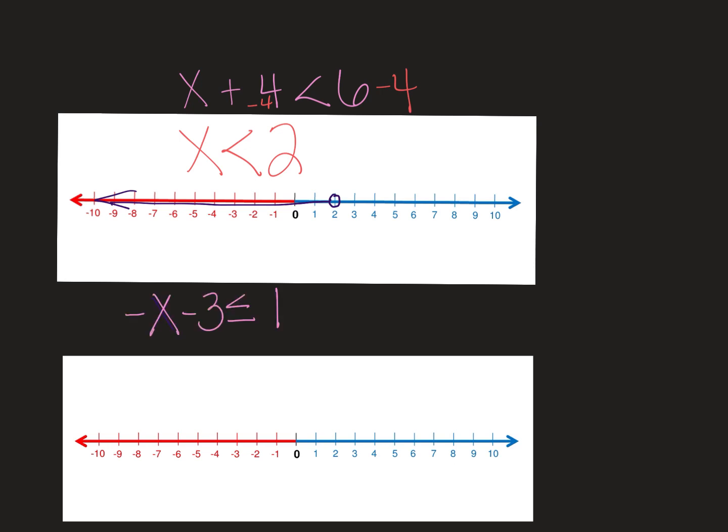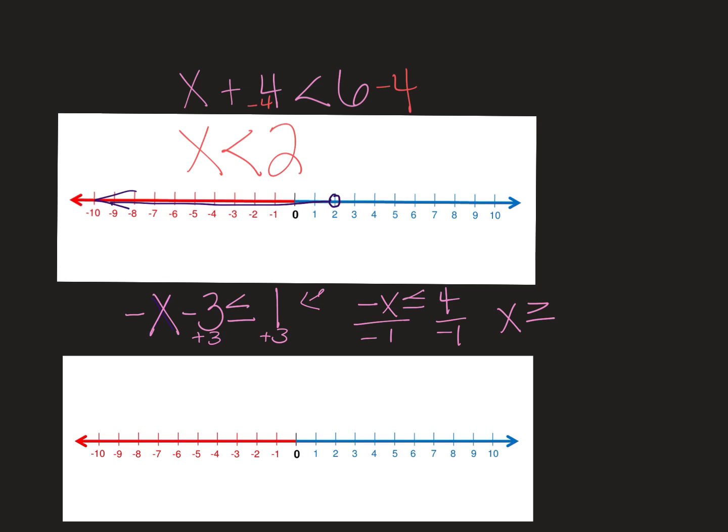In this case, we're going to have negative x minus 3 is less than or equal to 1. So I'm going to add 3 to both sides, which gives me negative x is less than or equal to 4. Going to divide both sides by negative 1. I'm going to do what to my sign, guys? Flip it.